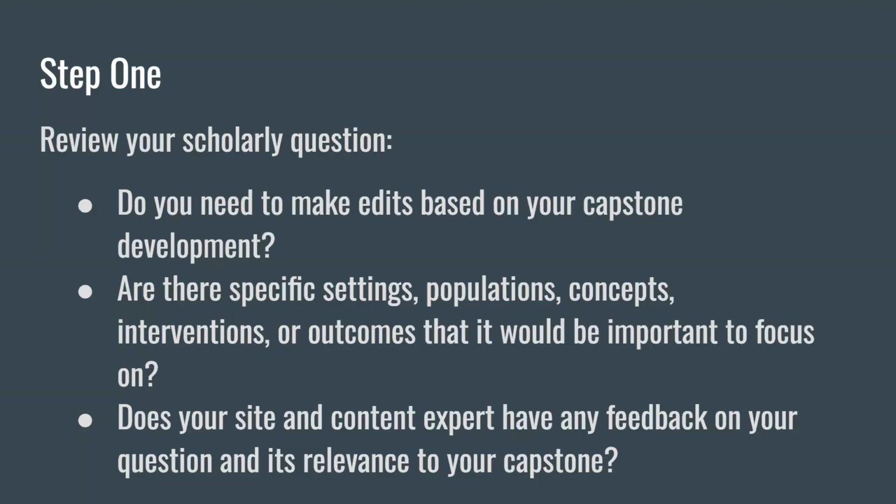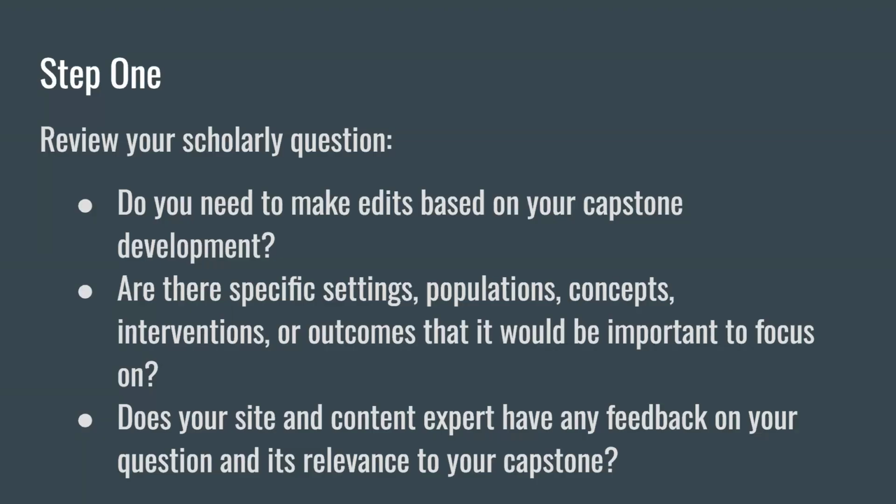So the first step I would recommend is to take a look at your scholarly question and ask yourself a couple questions. Based on everything that's happened with your capstone since last spring, do you feel like you need to make edits based on how things have developed?